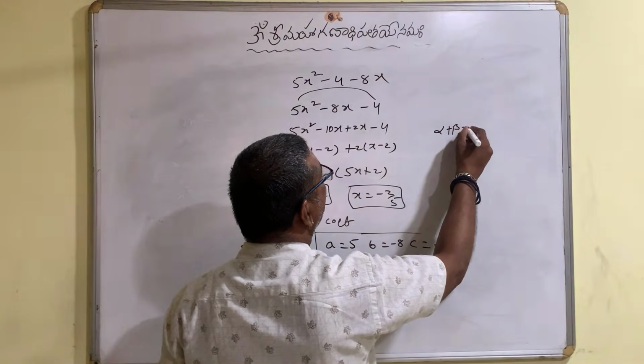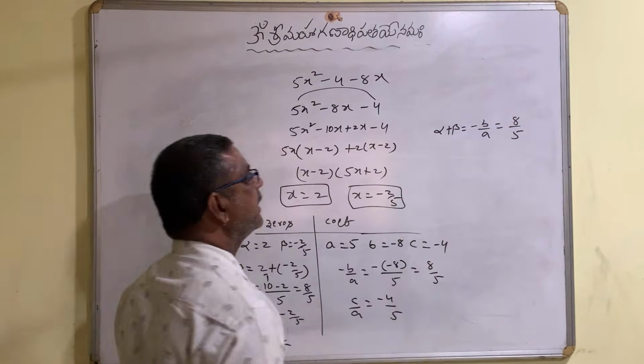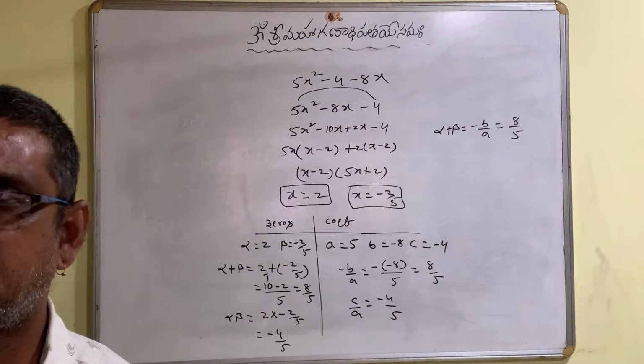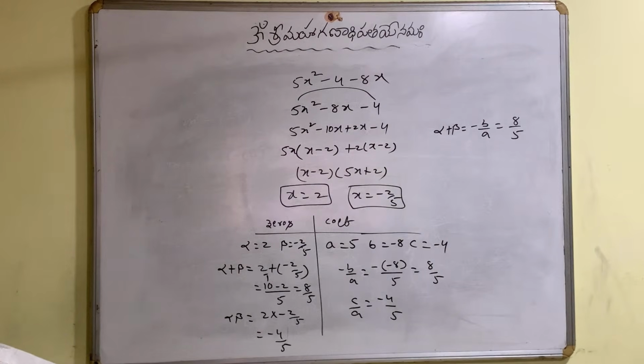So what is our conclusion? Alpha plus beta and minus b by a both are 8 by 5. Alpha plus beta as well as minus b by a are the same.